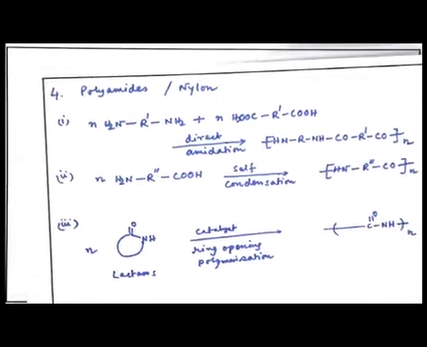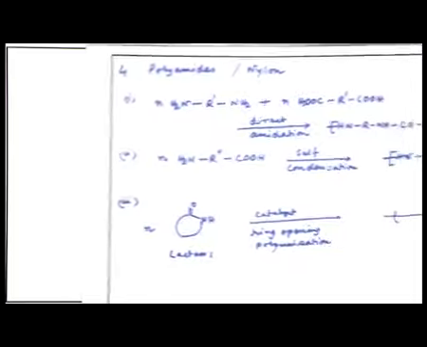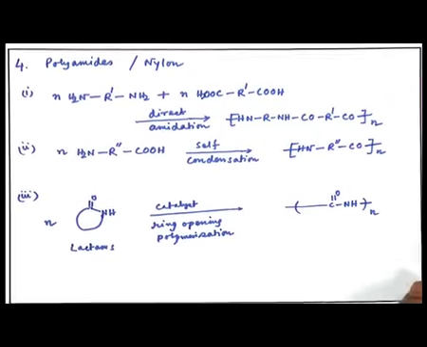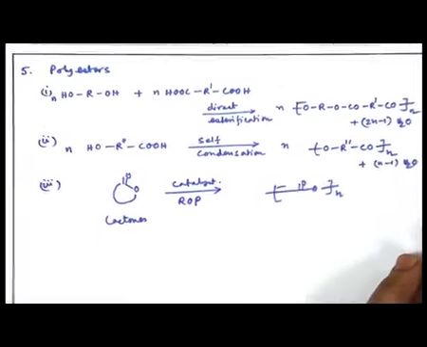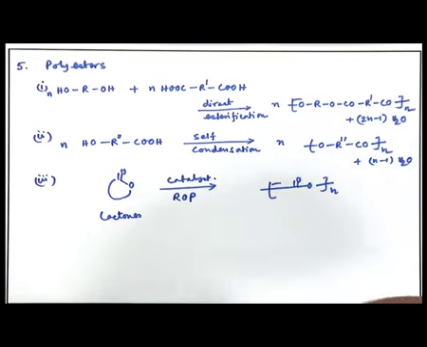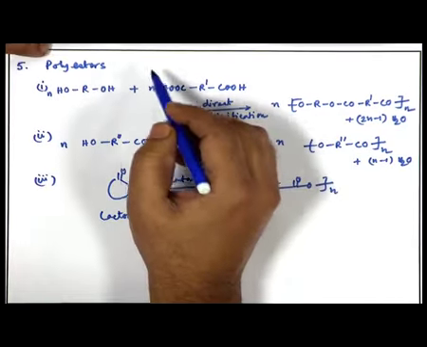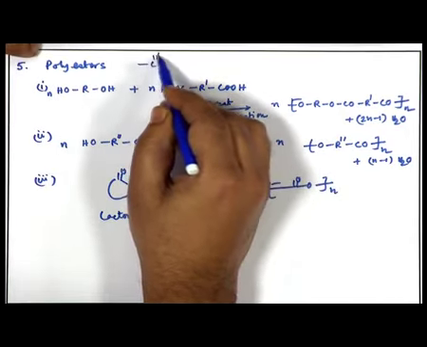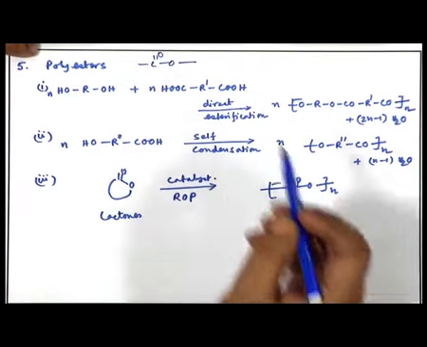So, we will proceed with our discussion on the synthesis of common polymers, and the next polymer we will look at, or just introduce, is polyesters. As you can imagine, polyesters will have an ester group in the backbone.